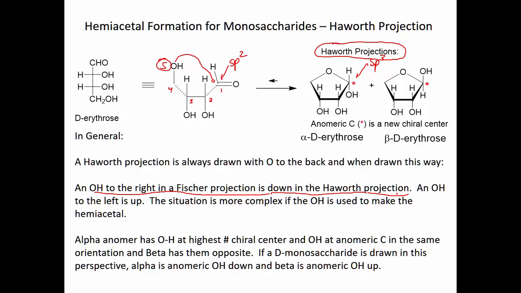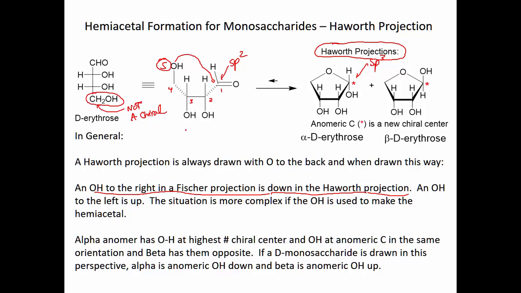In this case we don't have to worry about it because this OH right here is on a carbon that's not a chiral center. We're going to take care of that complication in the next one. So this one's relatively easy. This is the take-home lesson here, that an OH going to the right is down, and an OH going to the left is going to be up.